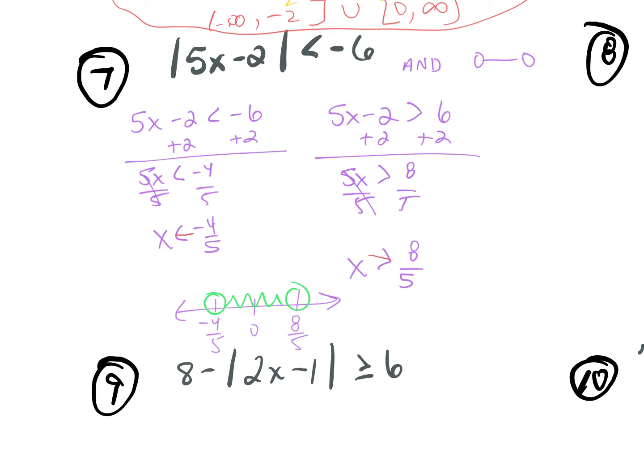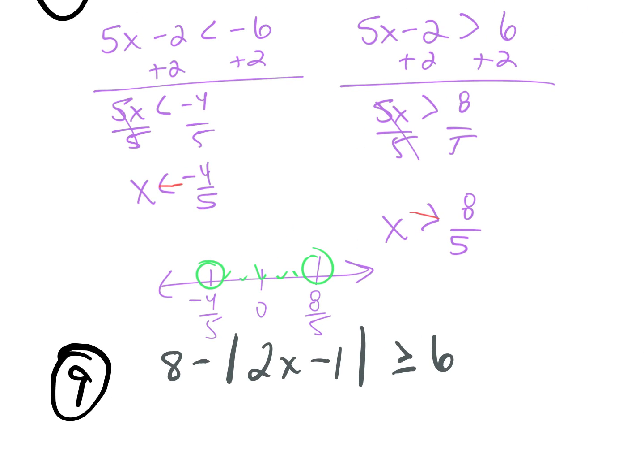So the second thing you can do to check is to say, well, wait a second. Let me check some values. Let's just check some numbers. What's a number that's less than -4/5? Guys, you have to be able to figure out what's a number that's smaller than -4/5. -1.